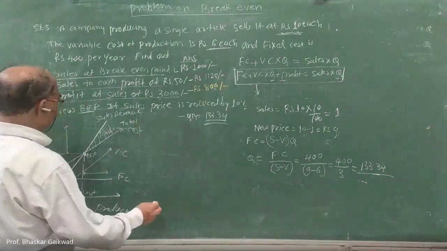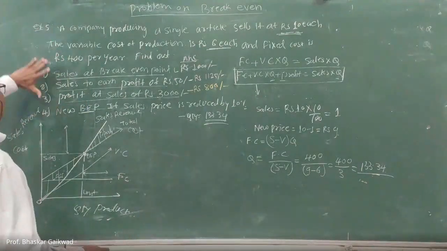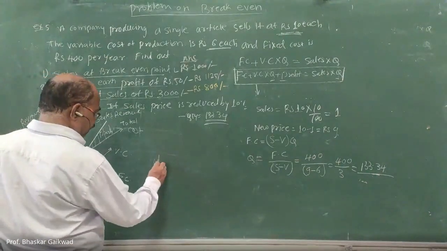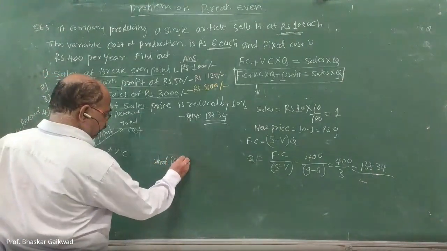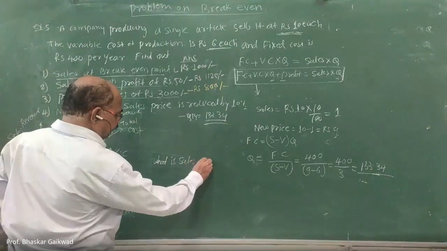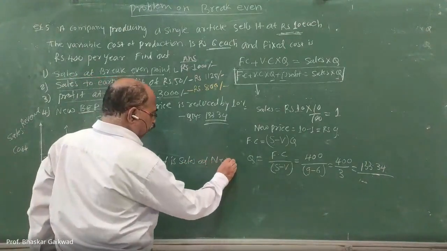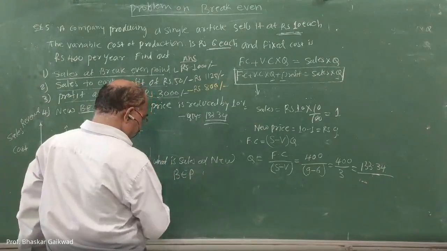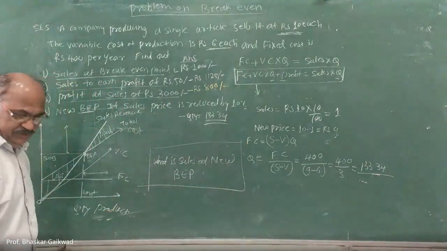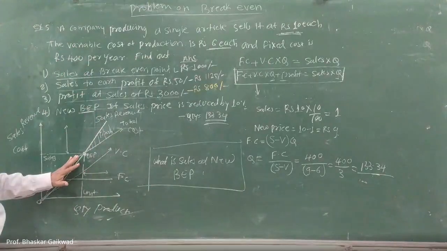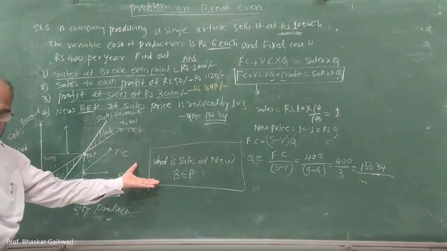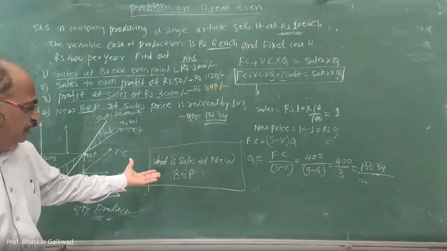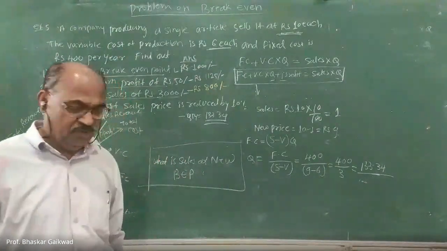My next question, which is not in this question paper, is what is the sales? Who will give the answer to my question, which is not related to this, but I have created this question. Maybe they ask a question like this in the exam. What is the sales at new break-even point?